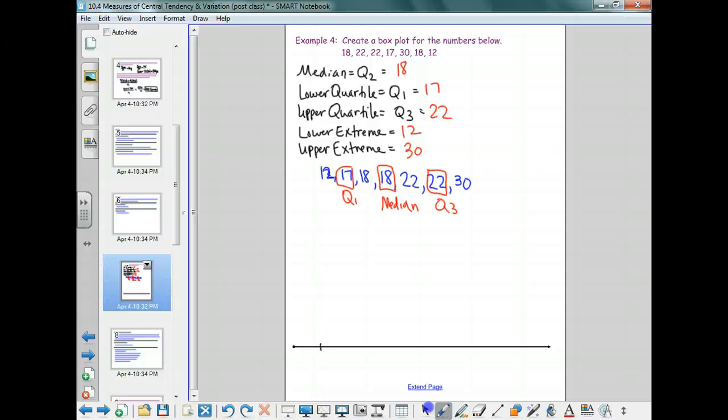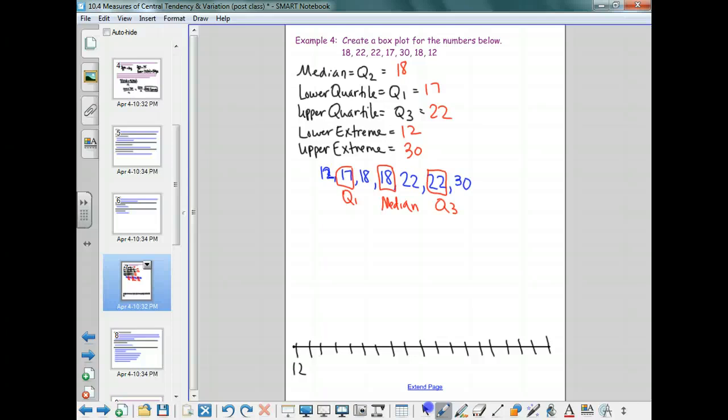So if we're taking a look down here, I'll start with 12, and we're going to equally space them across until I get to 30. When it doesn't work, you go backwards and make it work.